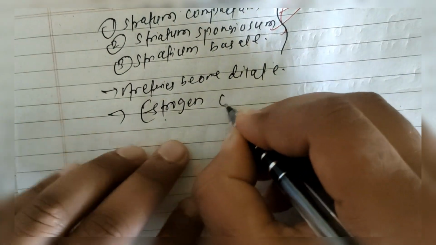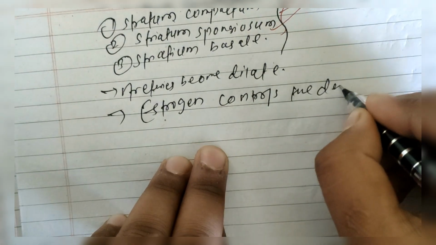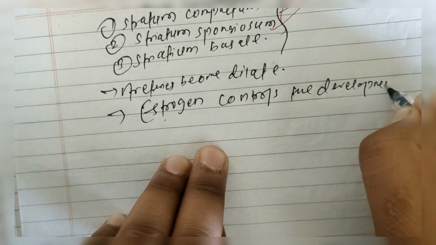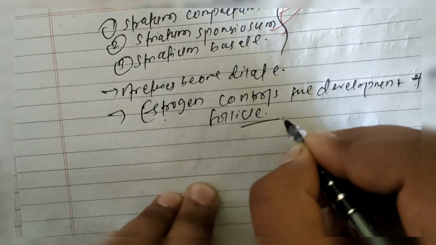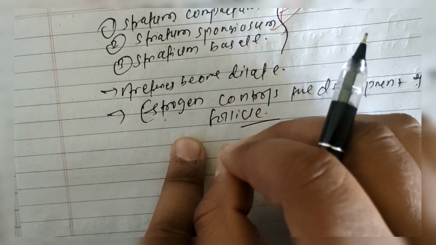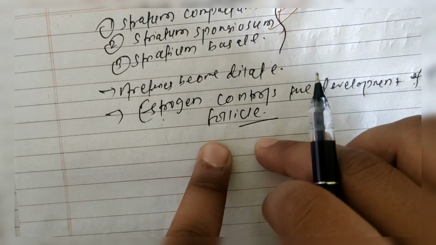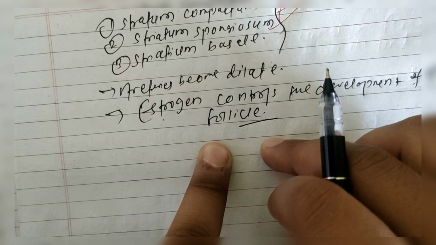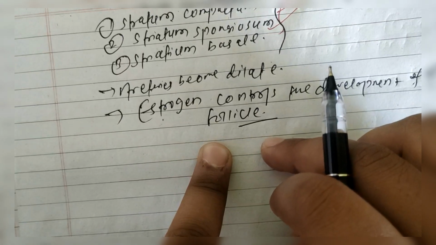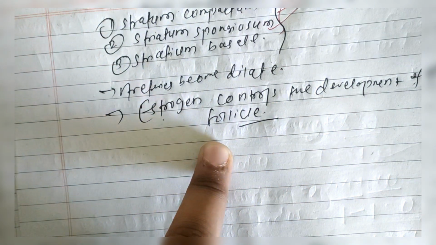Estrogen controls the development of follicle. So during this proliferative phase, mainly the estrogen controls the development of follicles, and the ovulation occurs in this phase. Ovulation occurs and the corpus luteum starts formation due to the LH cells.